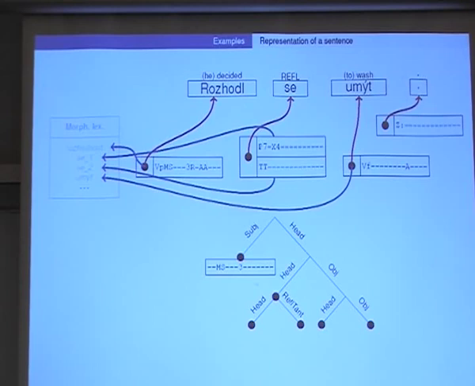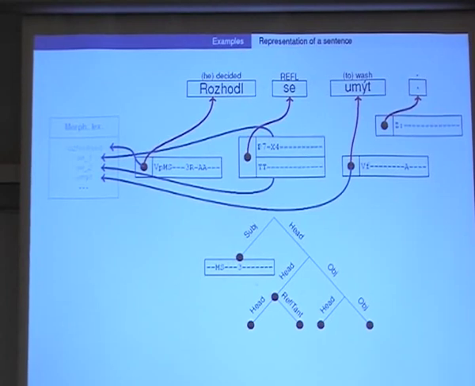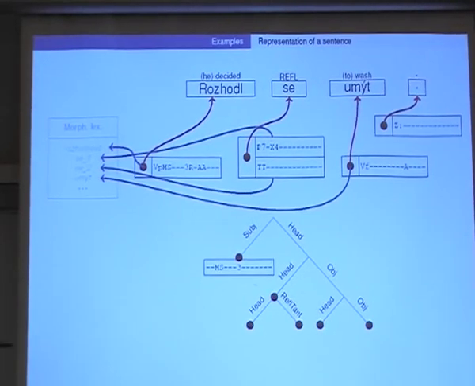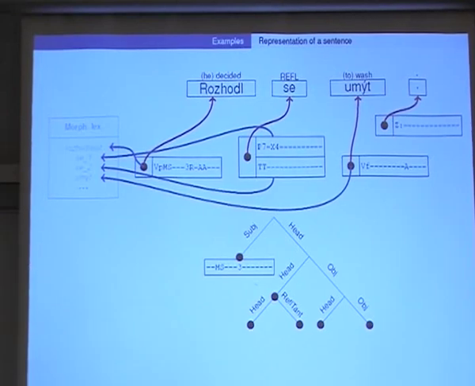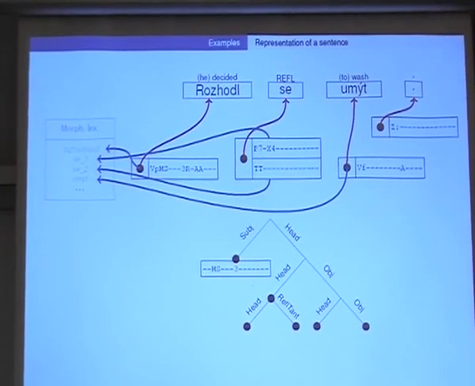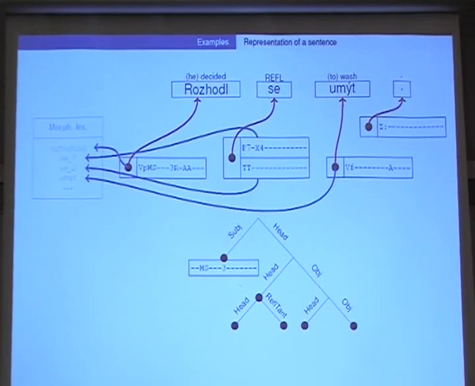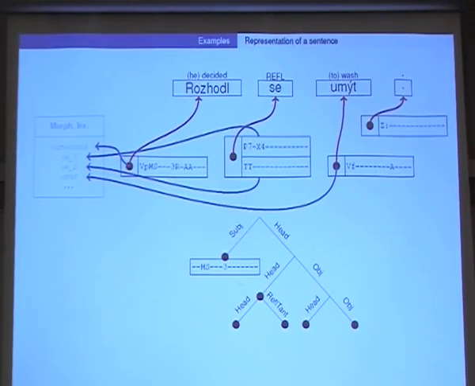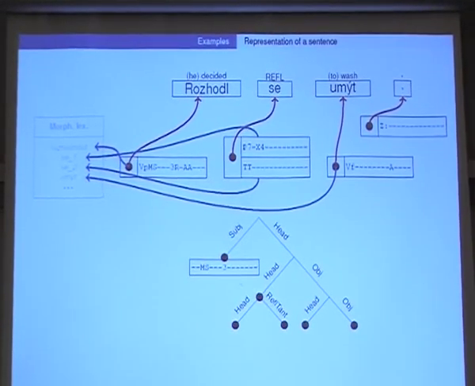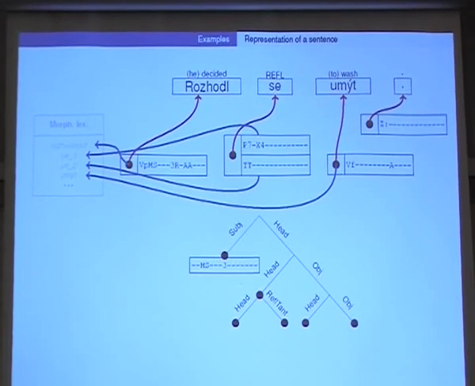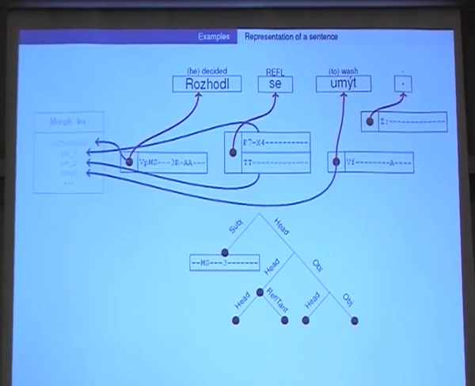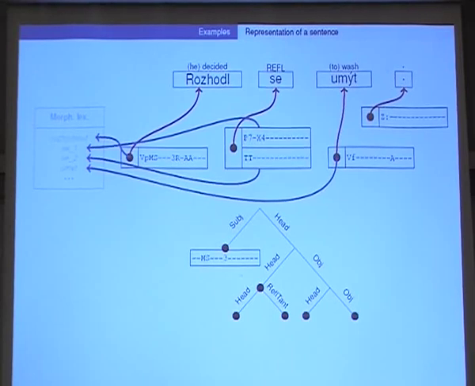The syntactic structure is outlined by this very simple tree, which represents the syntactic structure of the sentence. Here we see the functions. You know? For instance, we see this head refletant. It's an expression of the reflexive only verb, rozhodl se. The head obje means se represents umít se, where se is object.